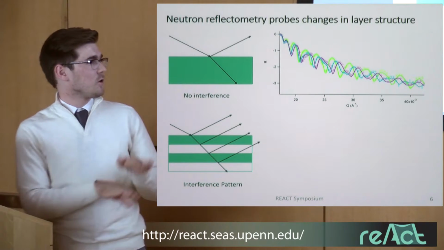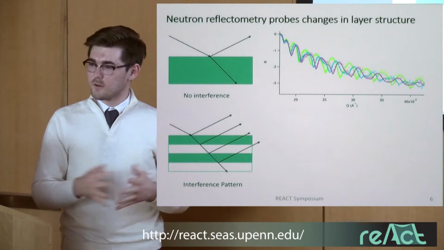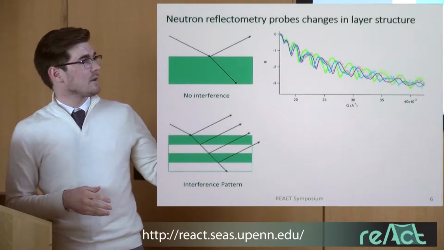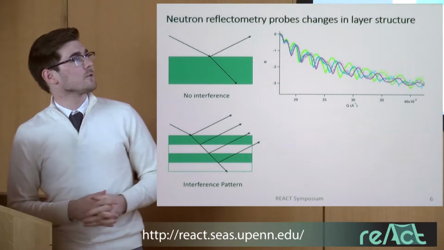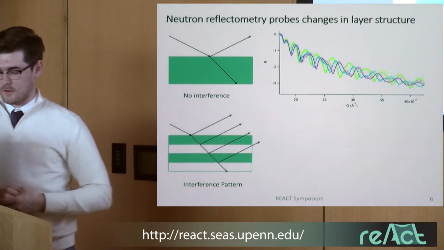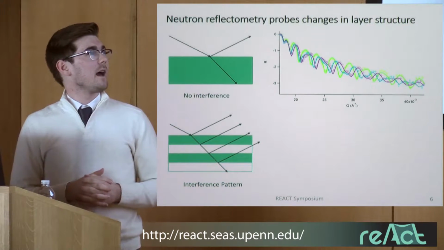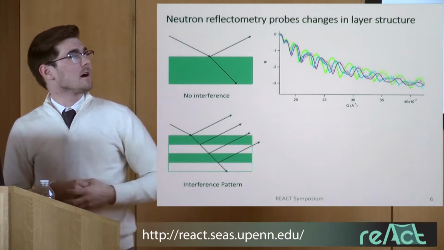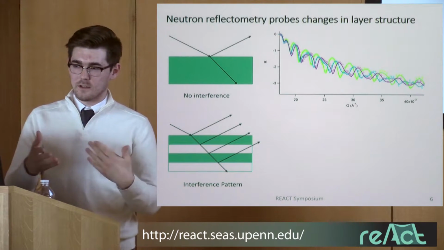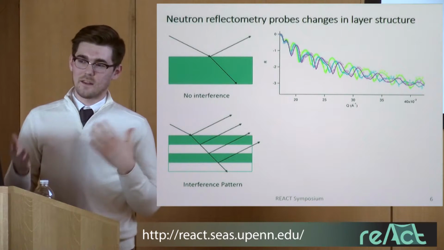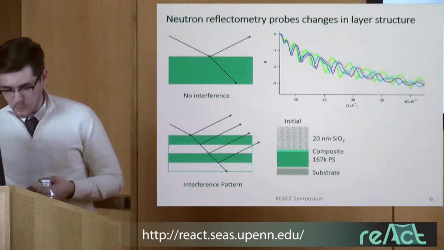However, if you have multiple layers that scatter neutrons differently, what you can have is a series of out-of-phase reflections which create an interference pattern, which can then be used to describe the thicknesses of these layers. And I've shown several different curves here to indicate that over time you can observe the changes in this reflectance and thereby observe the changes in the thicknesses of these layers.